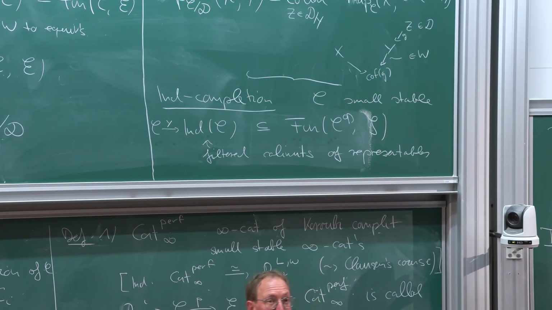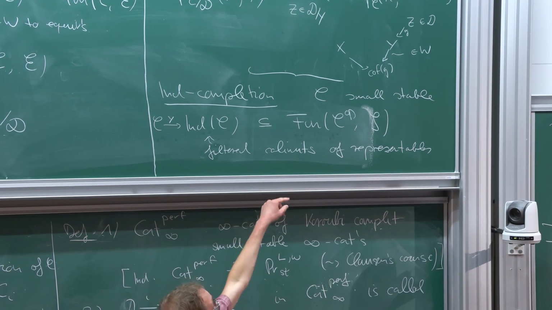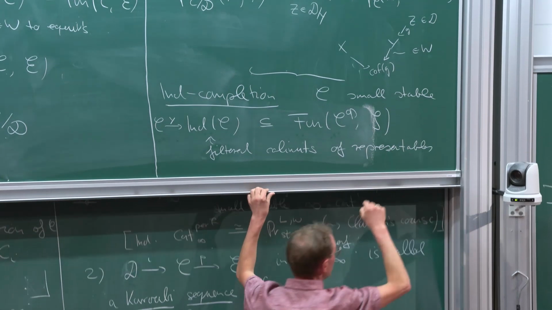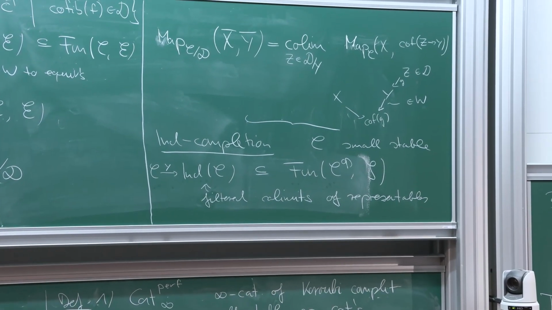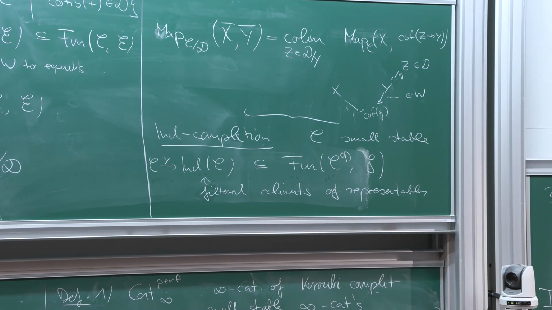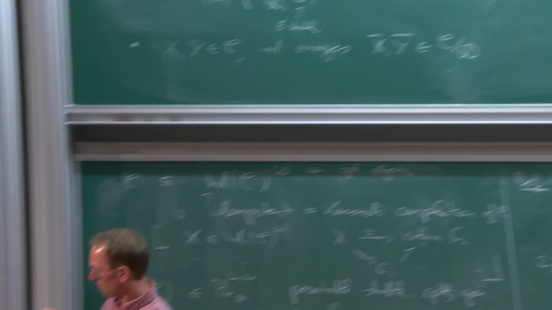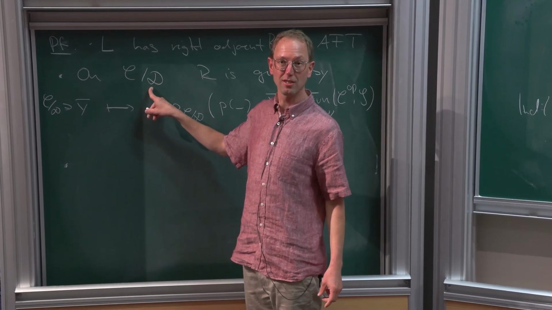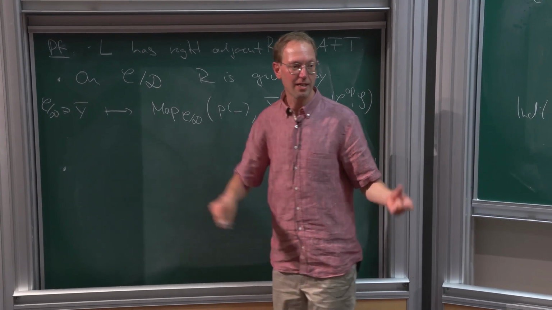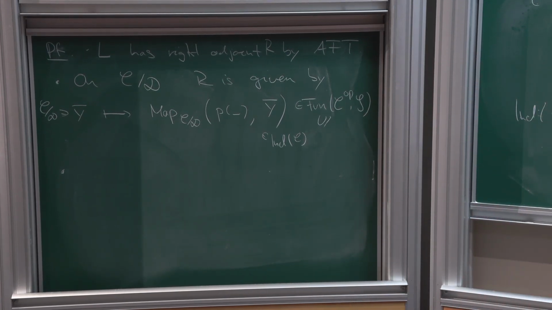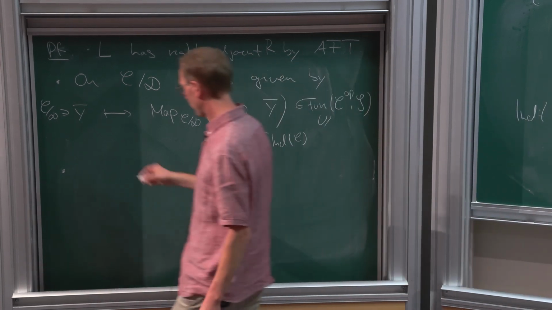And now if you apply the left adjoint again, the localization functor, this will send all these maps here to equivalences. And this will imply that if you apply the left adjoint to this right adjoint, this will give the identity. Okay, so in some sense you see it's fully faithful on the image of these objects in the Verdier quotient C mod D, and then now you want to extend it to all objects in the Ind-completion. So you need that this R also commutes with filtered colimits. Okay, and this is also completely formal.